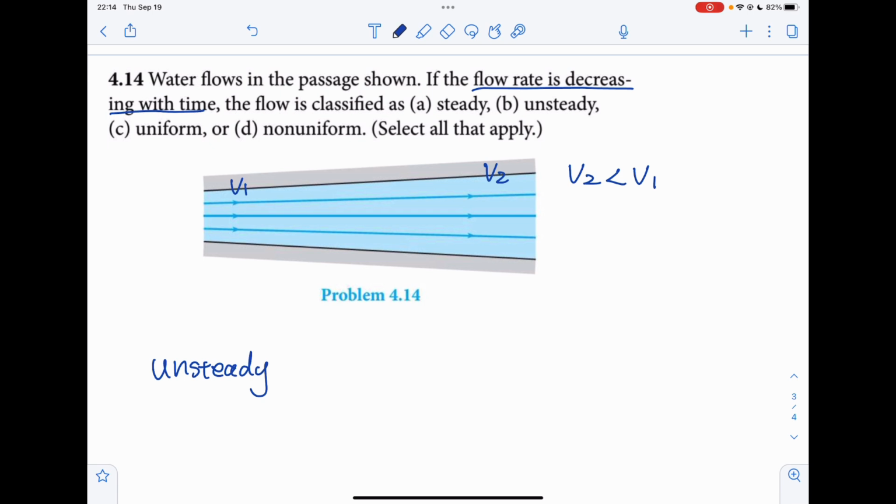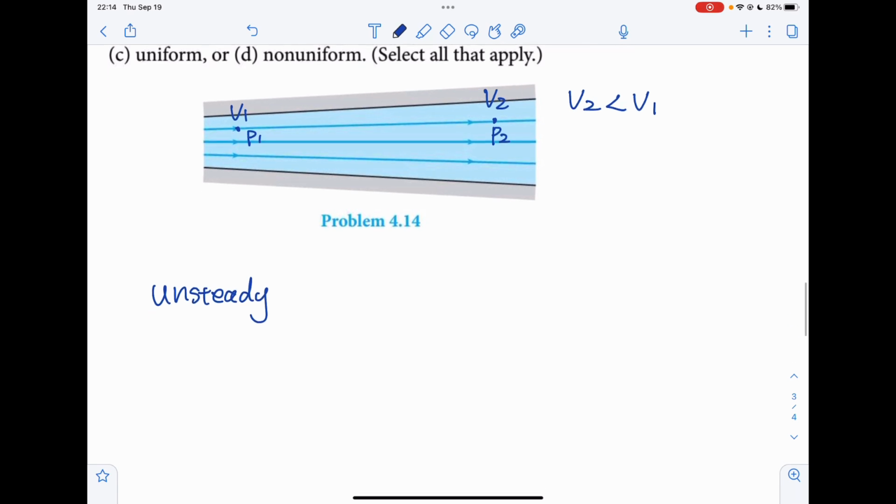So for point 1 here and point 2 here, we actually have a velocity change. So uniform and non-uniform is about a property changing with location. So when we compare P1 and P2 here, we can say it's non-uniform.